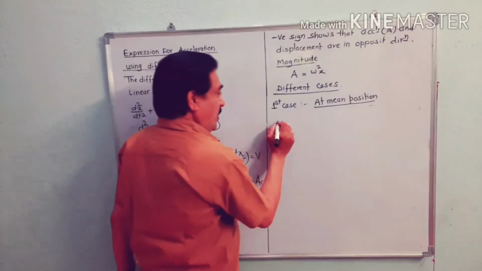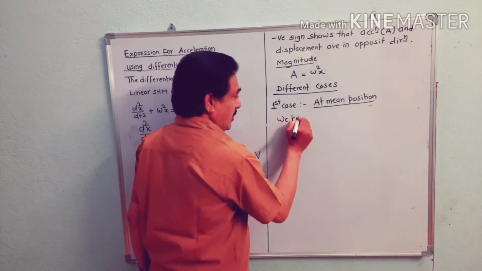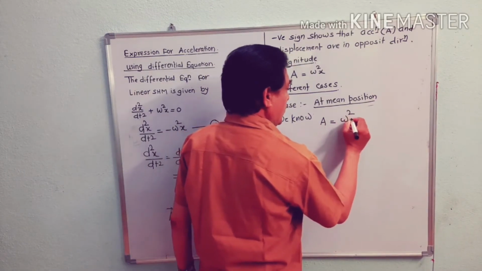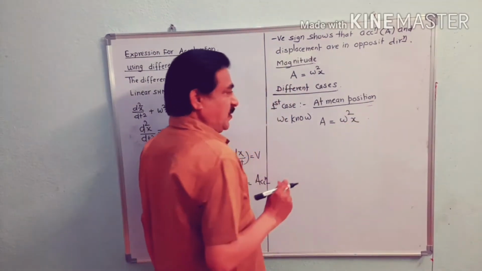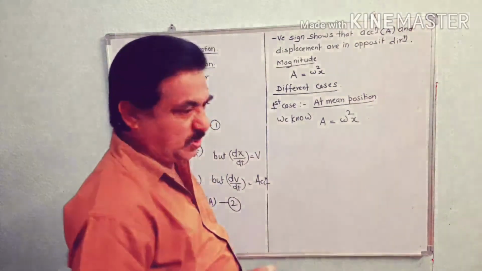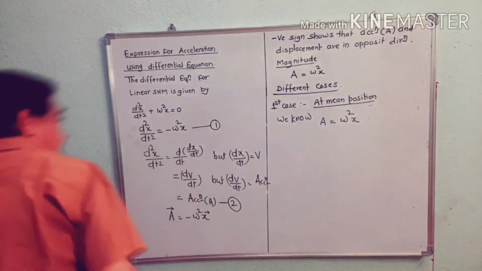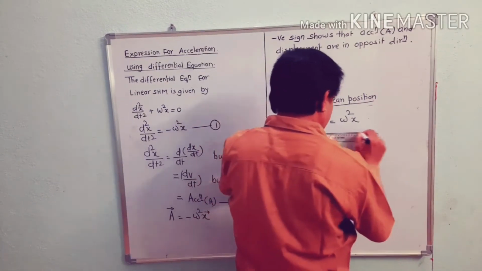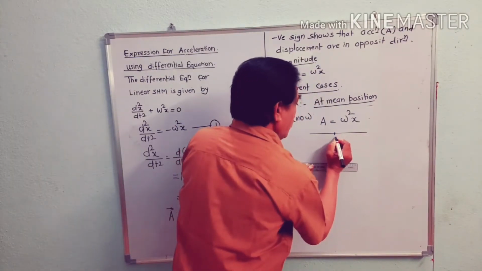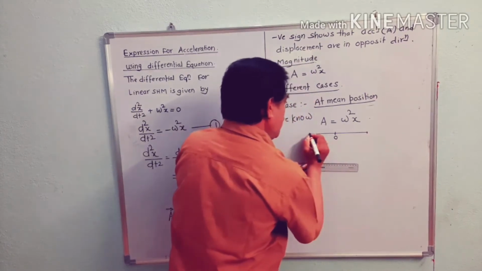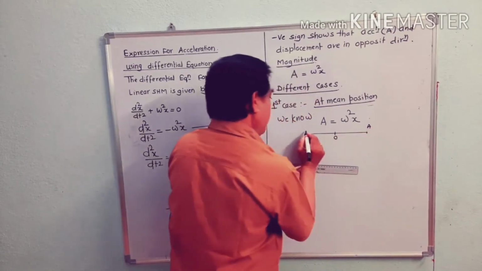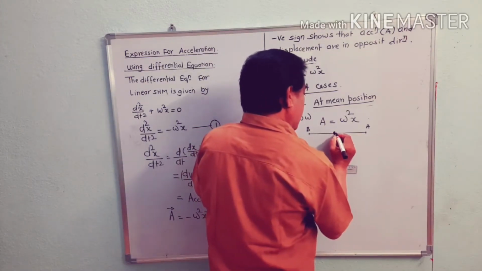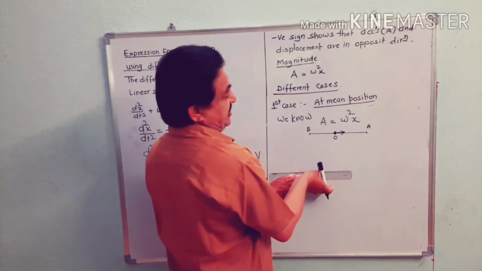At mean position we know acceleration a is equal to omega square x. At mean position x is equal to 0. It means if we draw the figure, so this is the mean position O and these are the extreme positions A and B. Then the particle is here and it is in this direction.